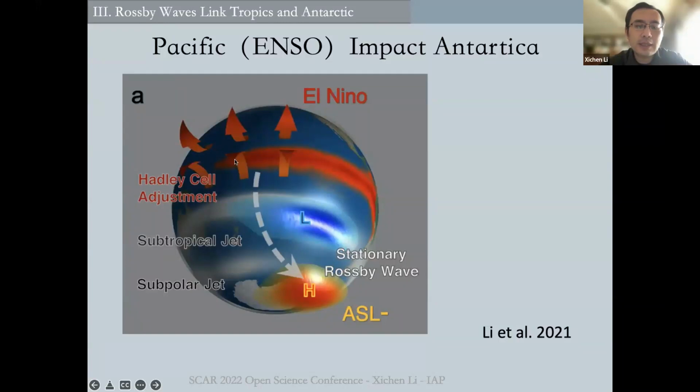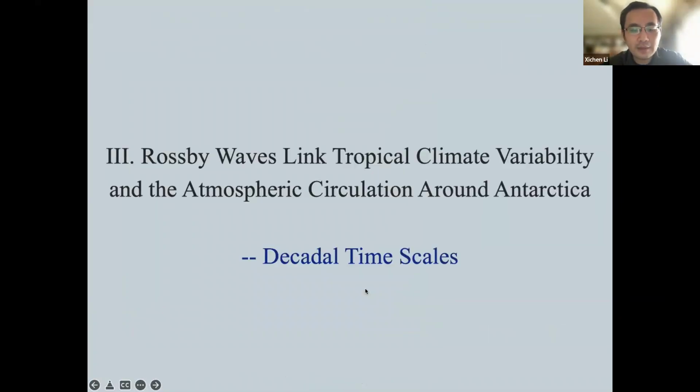Usually, El Nino events can generate the positive phase of the PSA mode, which can increase the surface pressure around the Amundsen Sea area. Because it's a low pressure system, increasing the surface pressure means we can weaken, or make shallower, the Amundsen Sea Low. But that's what happens on interannual timescales.